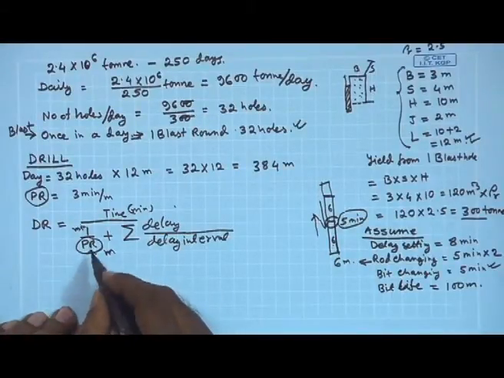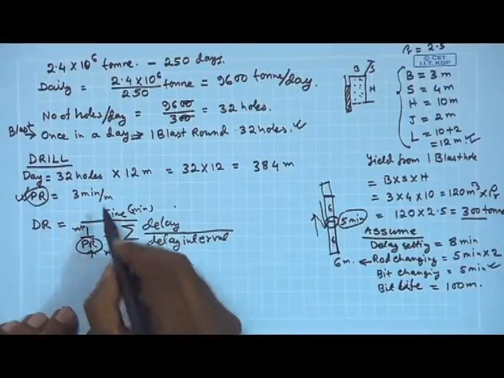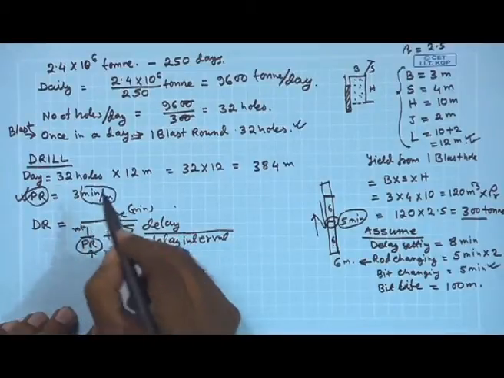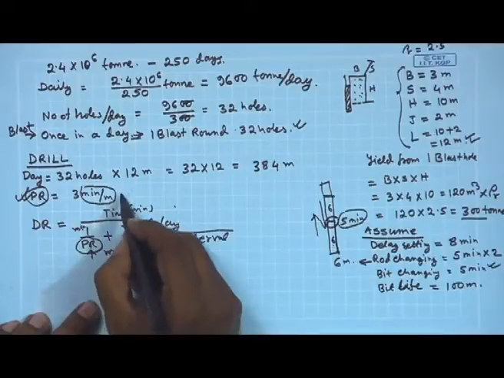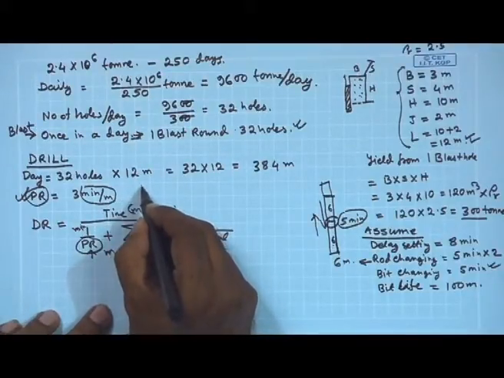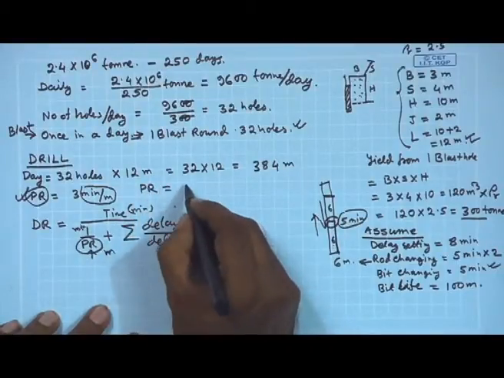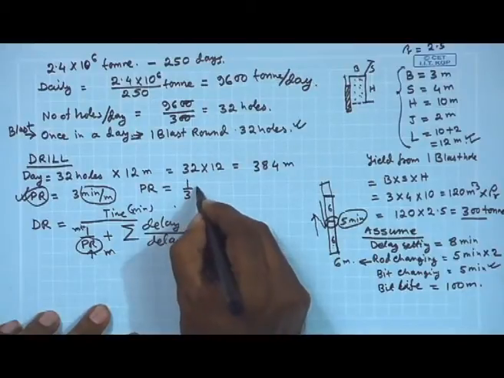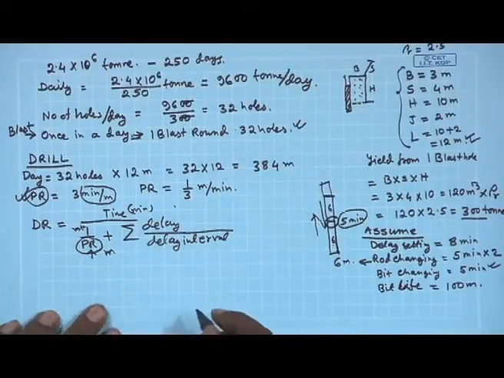But in our problem, the penetration rate is given in minute per meter. So while we are using this formula, this penetration rate has to be converted to meter per minute. In that case our actual penetration rate is 1 by 3 meter per minute.